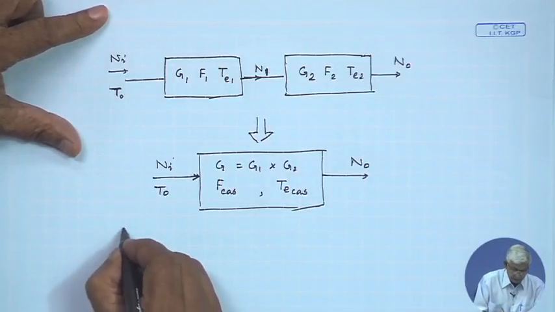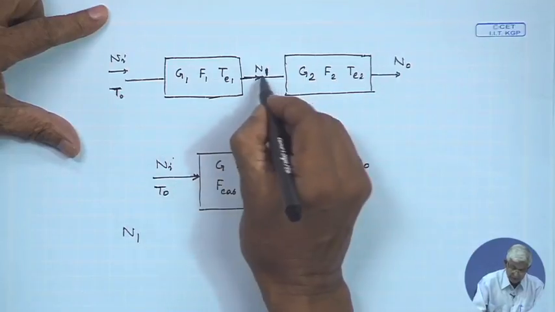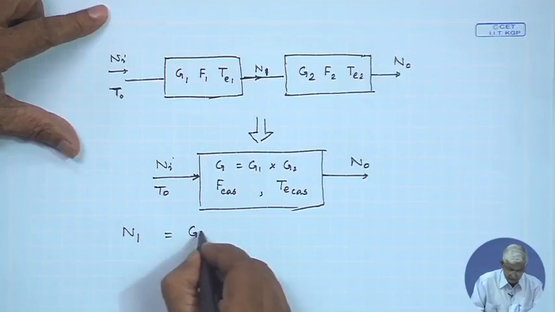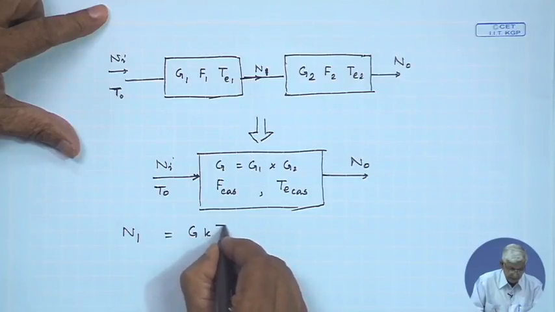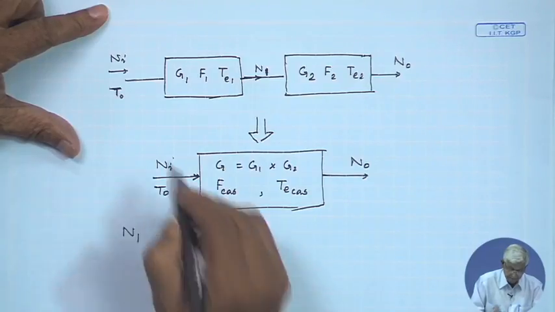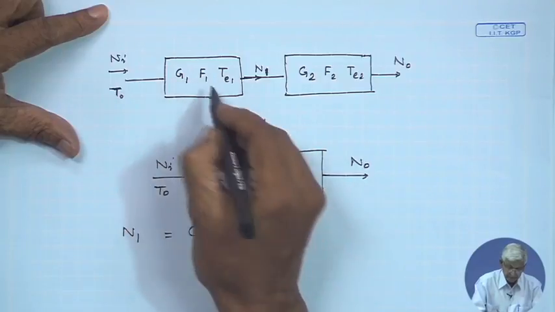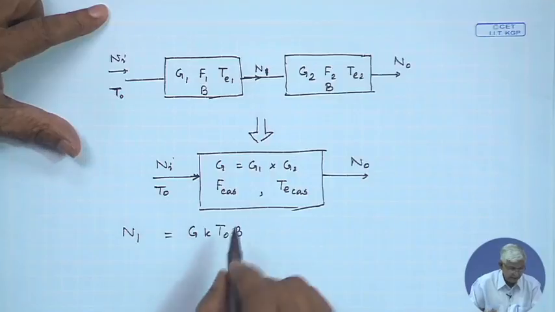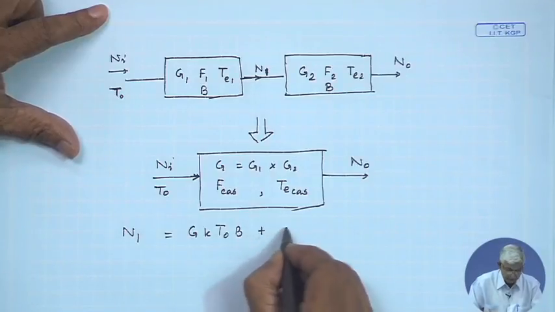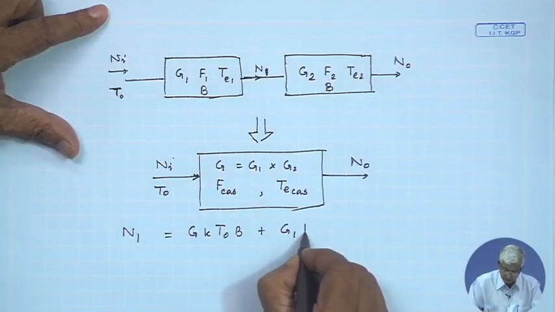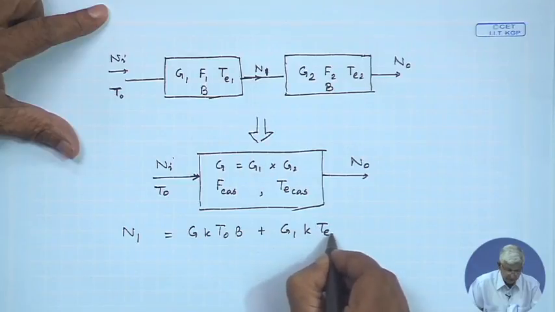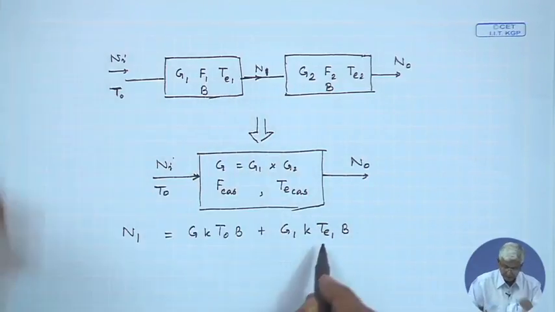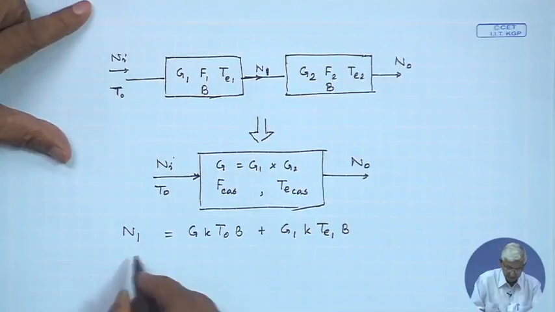So, we can write N1, the intermediate stage from the first stage, as G1 into K into T0 B, and of course each of them has the same bandwidth B, plus G1 into K into TE1 B, its own effective noise temperature added.